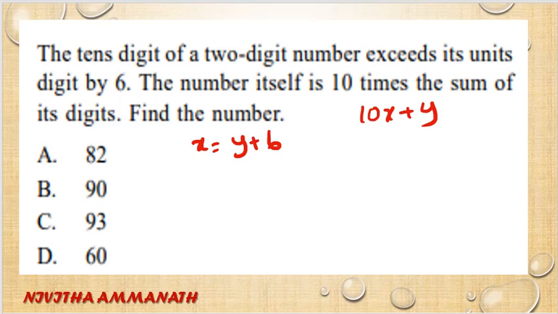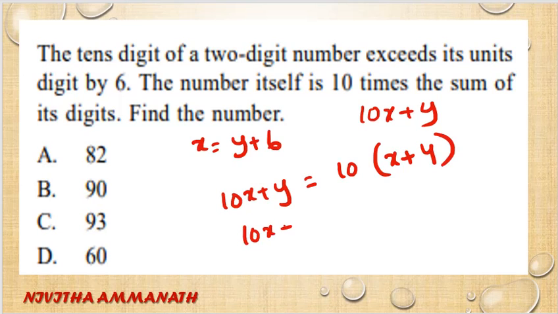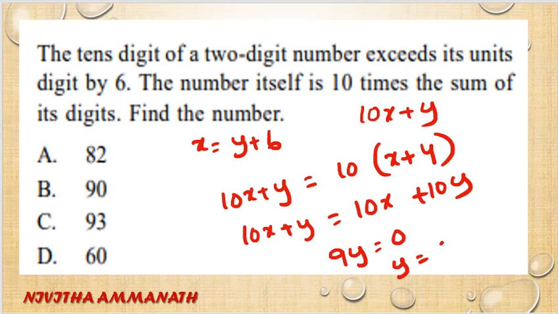Then the number itself is 10 times the sum of its digit. Number is 10x plus y. It is the same as 10 times the sum of its digit, that is 10 into x plus y. So, from here 10x plus y equal to 10x plus 10y. We cancel this x, then 9y equal to 0, that is y equal to 0.